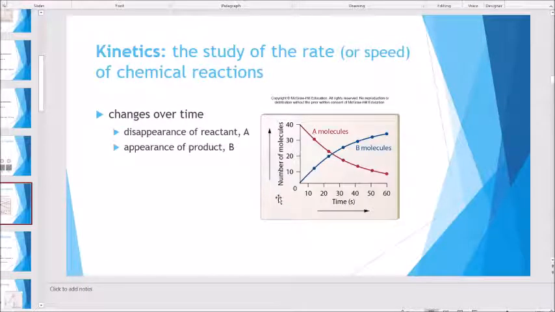We can see here, where there's a plot of number of molecules per time, that the concentration of the reactants decreases as the concentration of the products increases.